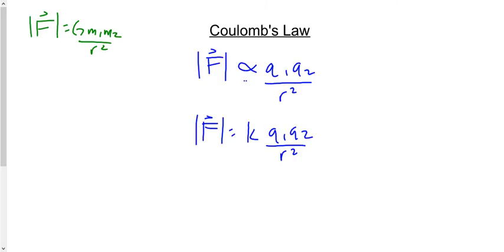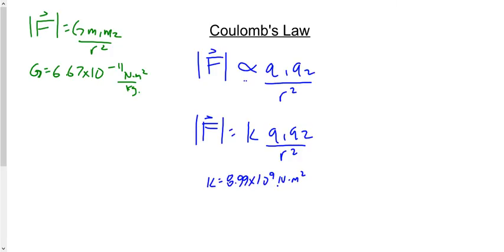It's on your data sheet. It's 6.67 times 10 to the minus 11 Newton meter squared per kilogram squared. Here, the value of K, the constant, is 8.99 times 10 to the 9 Newton meter squared per Coulomb squared.